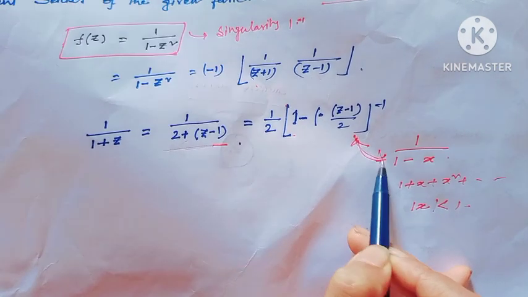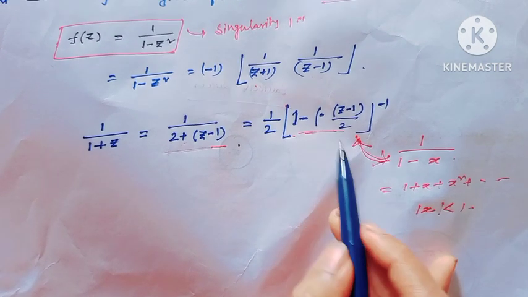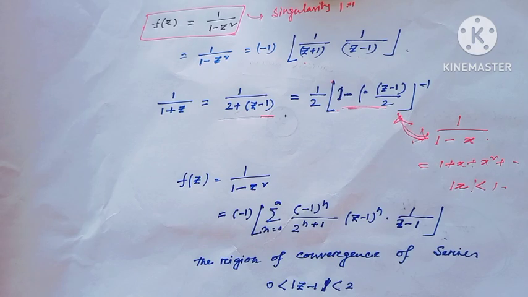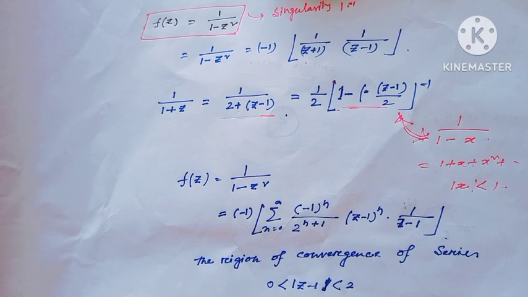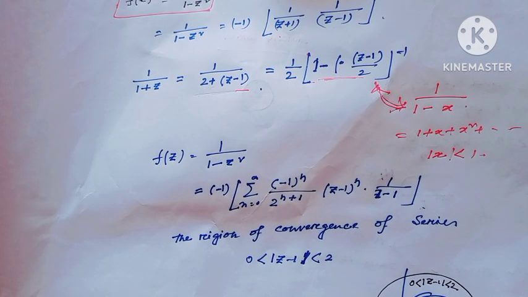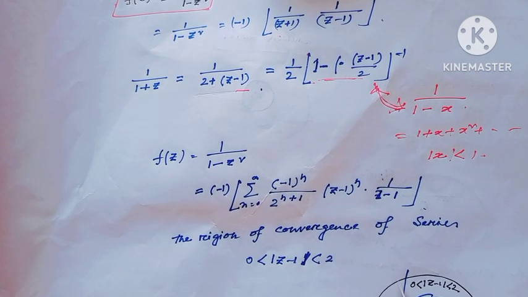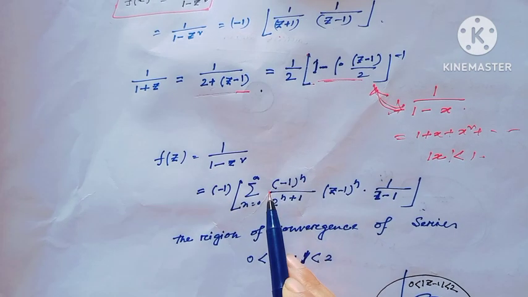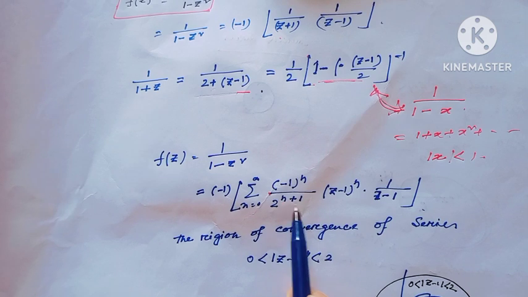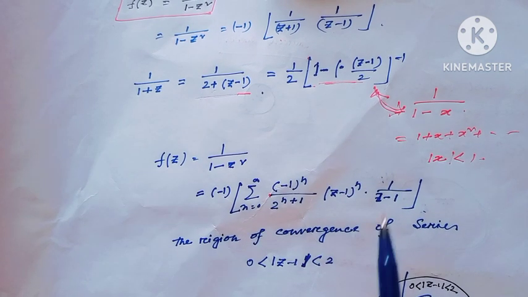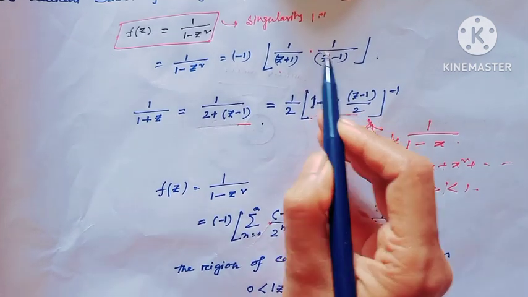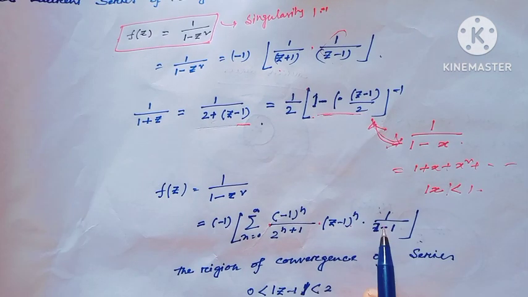Therefore f(z) equals 1 upon 1 minus z squared, and we can write this as minus 1 times the series n equal to 0 to infinity of minus 1 to the power n divided by 2 to the power n plus 1, times (z minus 1) to the power n, times 1 over z minus 1.